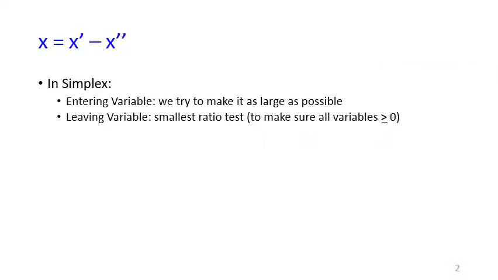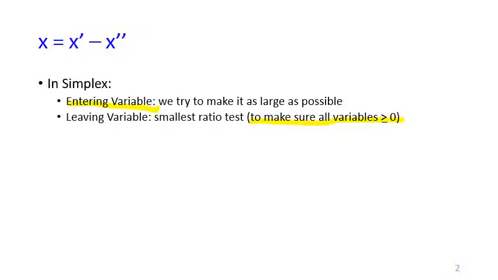So in the simplex method, if the BFS is not optimal, we will pick an entering variable and then we will try to make the value of that entering variable as large as possible. But at the same time, we need to pick a leaving variable such that when we make the entering variable as large as possible, we still ensure that all other variables are still non-negative.